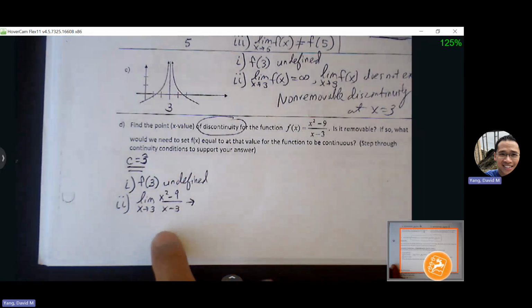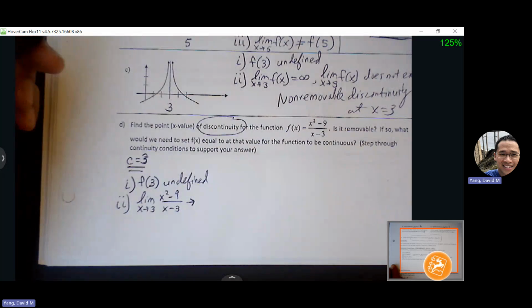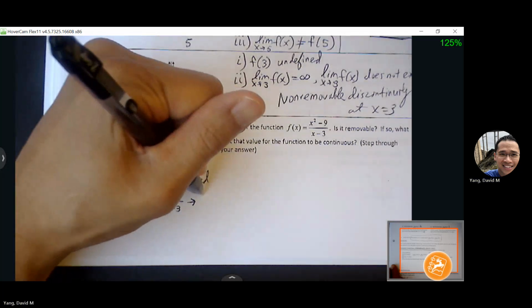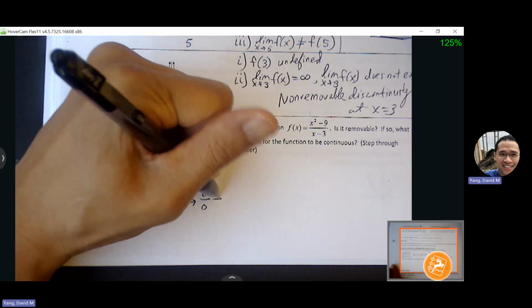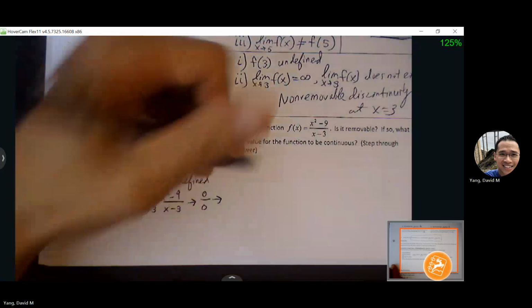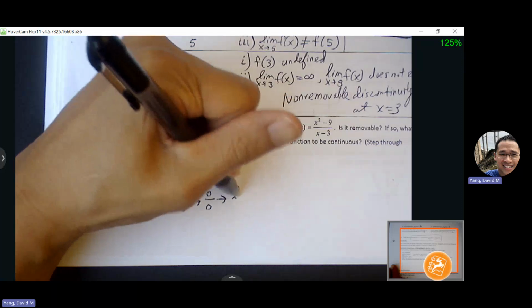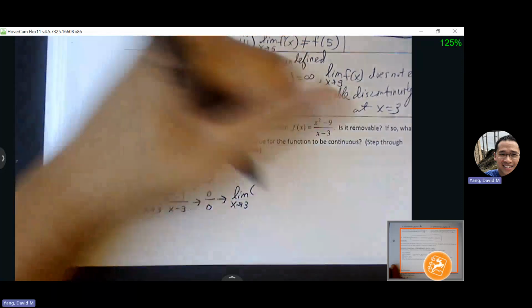What's our first step? Direct substitution, right? What does direct substitution tell us? There's a hole, which means we have to keep going. That means the limit may exist. And what would you do next? Factor, difference of squares.